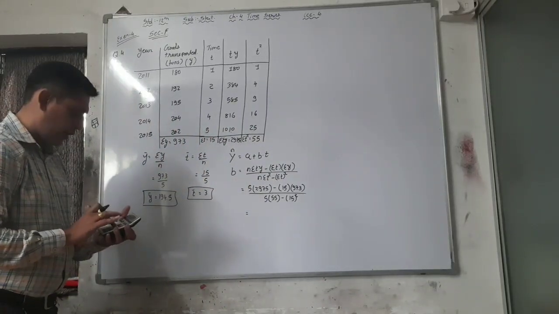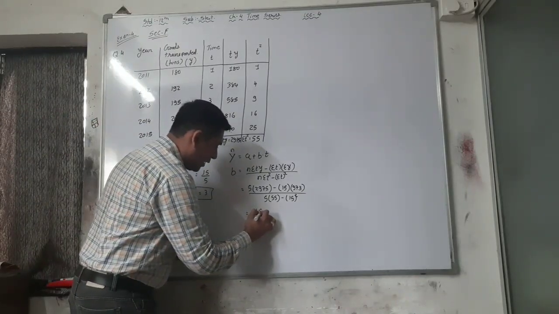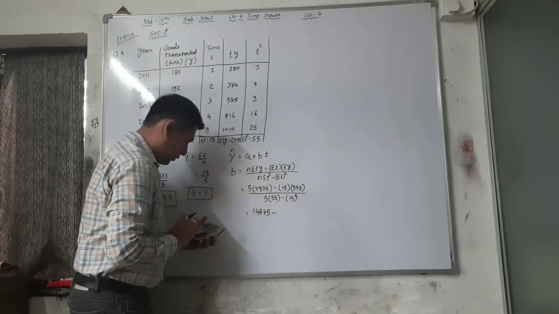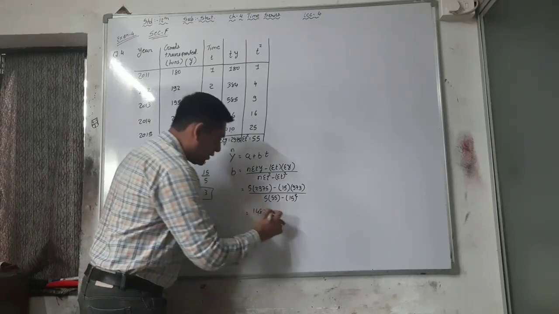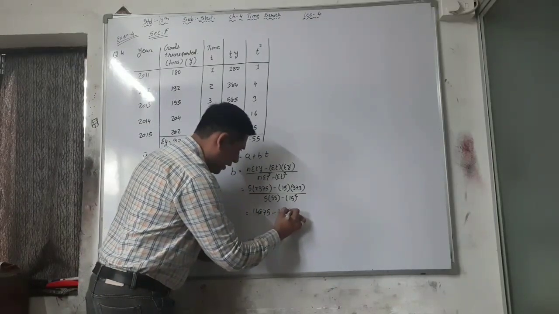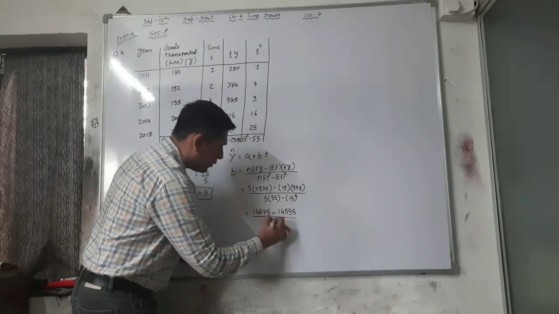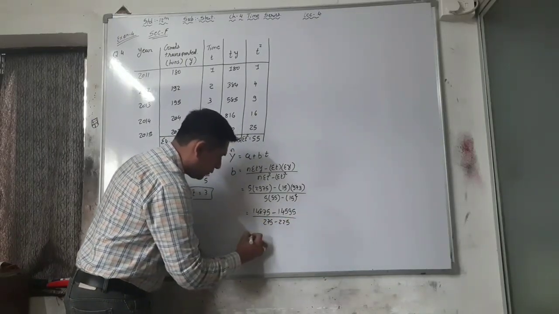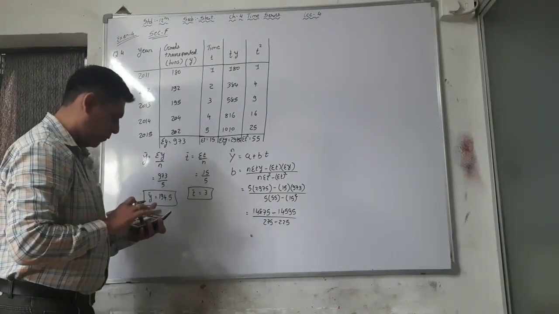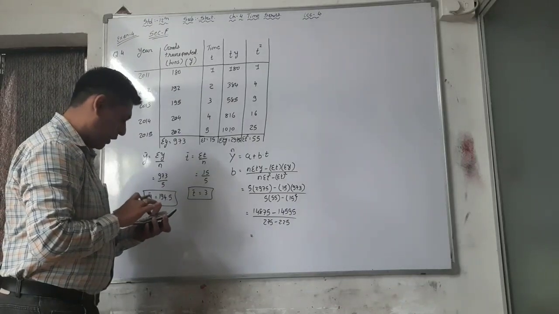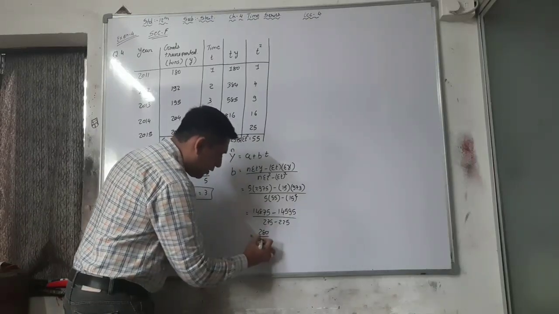Simplify this. 5 into 2975, 14,875 minus 15 into 973, 14,595, divided by 275 minus 225. 14,875 minus 14,595, it is 280, divided by 50.